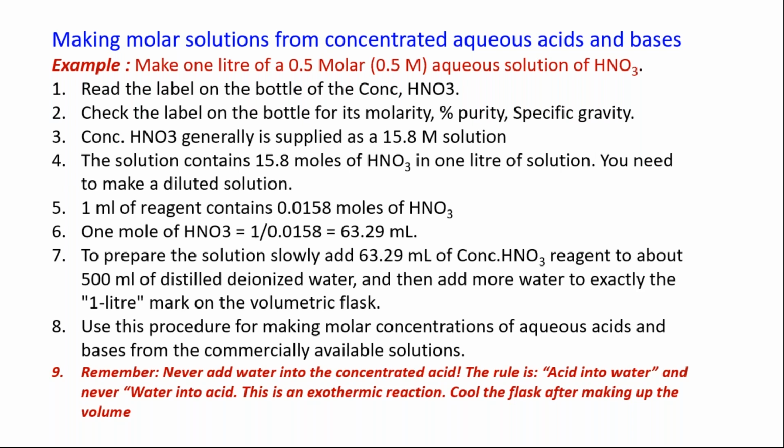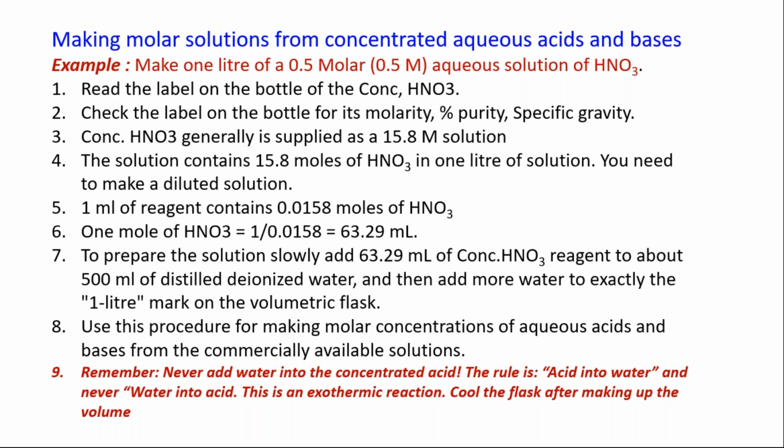If you look at the label on the bottle of concentrated nitric acid, most often the label will give you the molarity of the solution, the percentage purity of the solution, and the specific gravity of the solution. And so it is very easy for you to convert the volume of the solution into a mass, or the mass of a solution into volume.